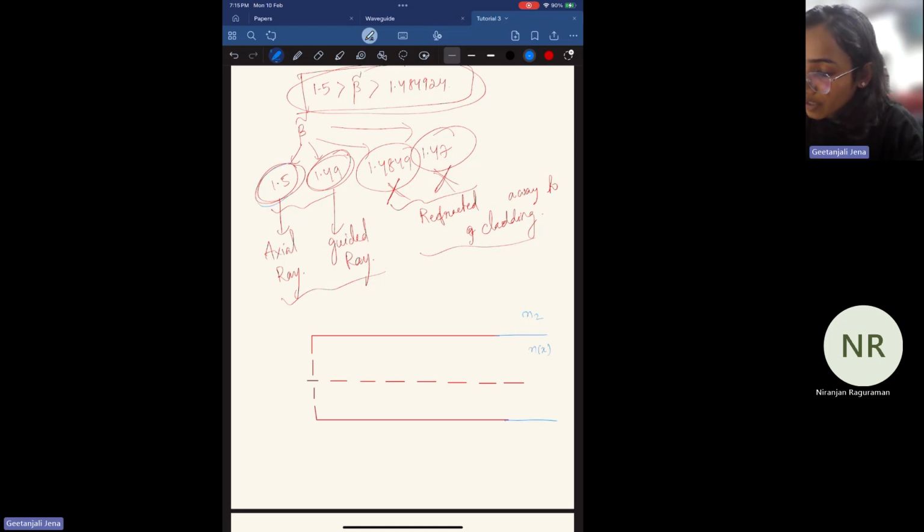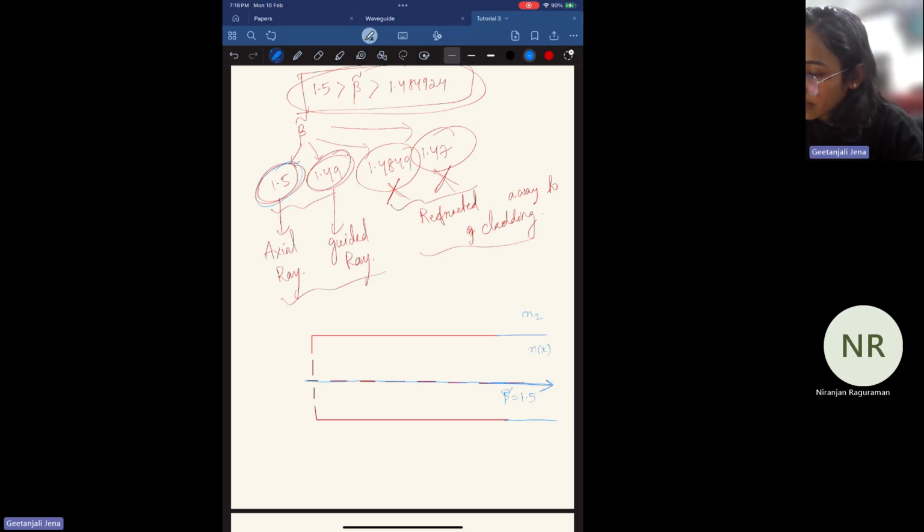For the first one, 1.5, it's an axial ray, so this will go like this. It is the maximum value of beta tilde, so beta tilde is 1.5.